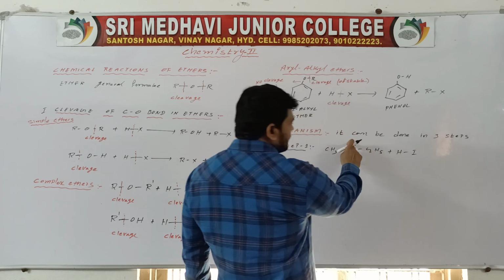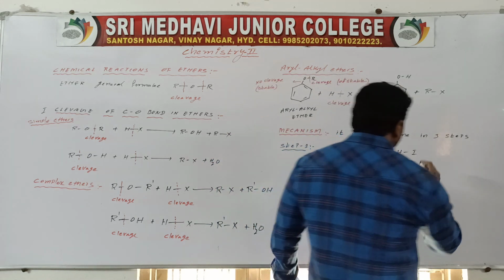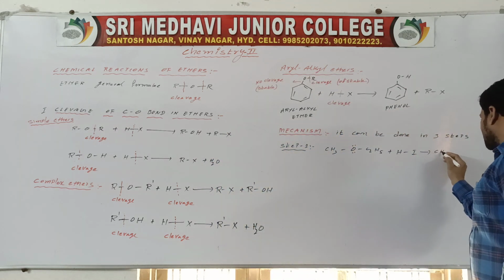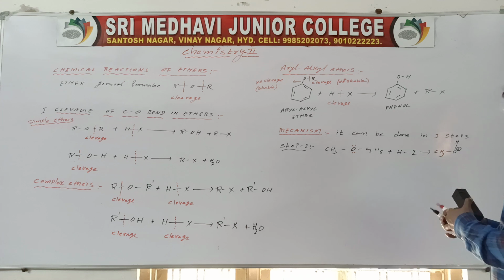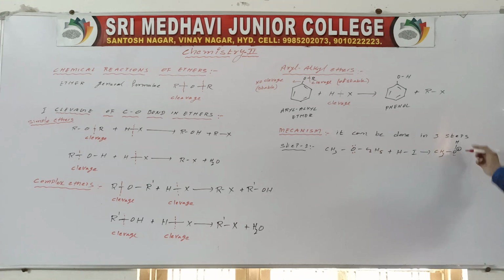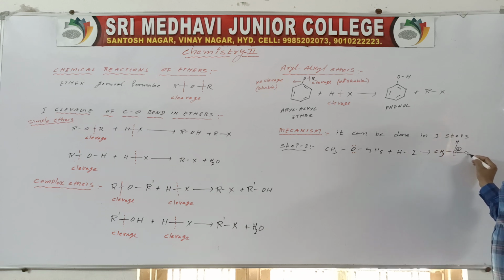Then H attaches to oxygen, giving CH3OH plus, with a lone pair. Here one lone pair is donated, and then C2H5 plus, I minus.